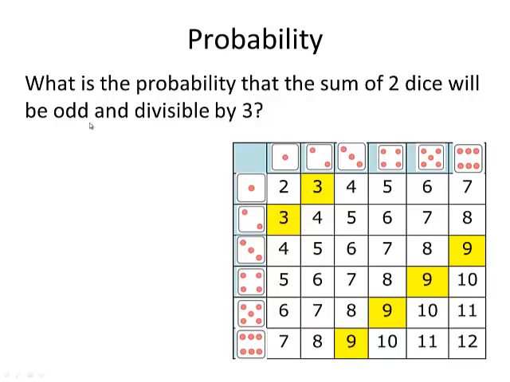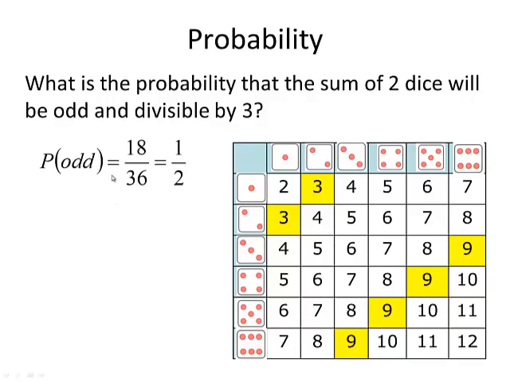The probability of them being odd and divisible by 3. 5 is odd, but it's not divisible by 3. So you have to eliminate the 5s. You have to eliminate the 7s and the 11s, okay? Because even though they're odd, they're not divisible by 3, and these are the only ones. And you have to eliminate the 6s. They're divisible by 3, but they're not odd.